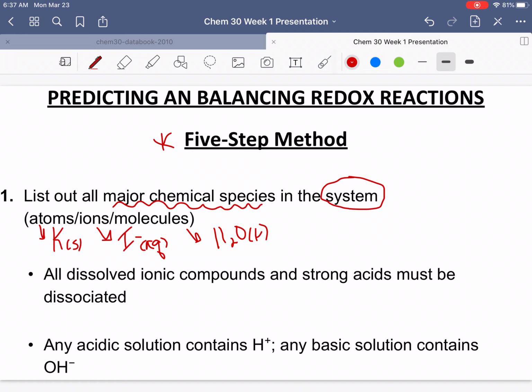Now I want to talk a little bit more about this next one to clarify. This is specific to ionic compounds and strong acids, which have been dissociated. If you remember back, I mentioned this in class, perhaps you've forgotten, strong acids, you don't have to memorize these anymore, but an example of this could be nitric acid, for instance, right? Remember, acids always have the aqueous at the end.